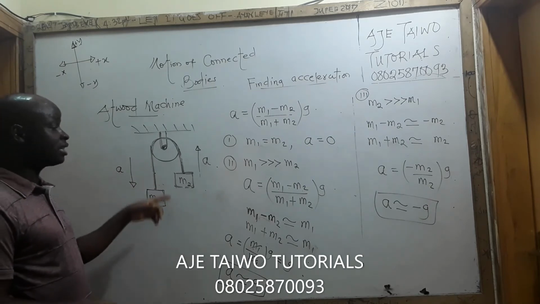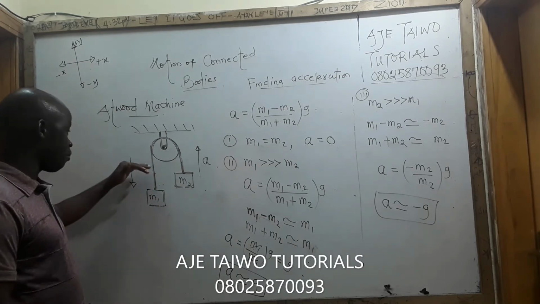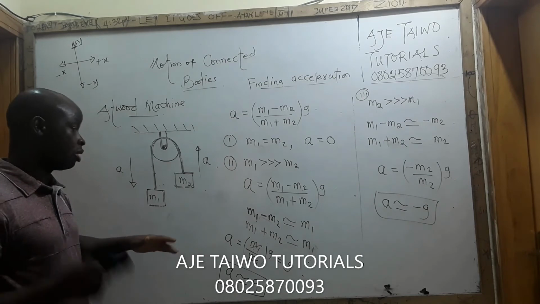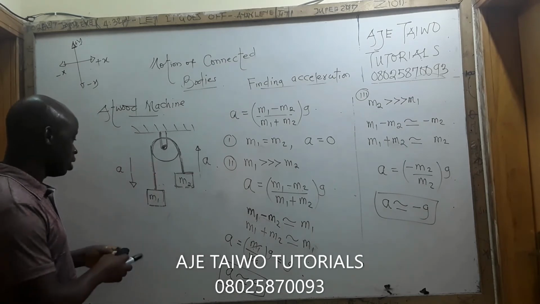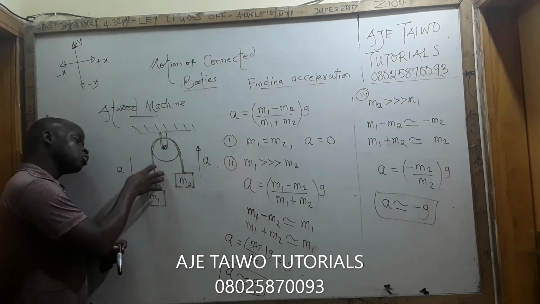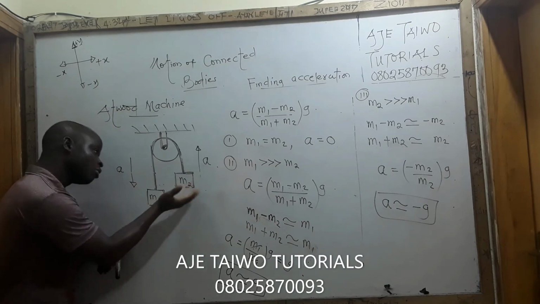Because I have said initially that m1 is coming down. If m1 is coming down, it means that most likely m1 is greater than m2. If you put a heavier object here and a light object here, the heavier will drag the light one up, so here will go down and here will go up.